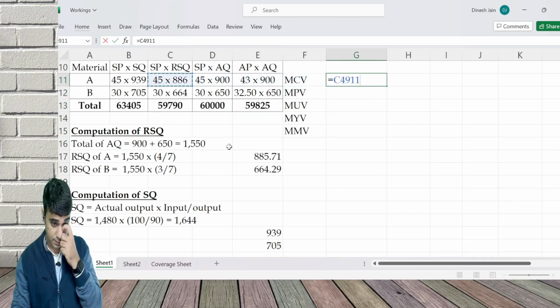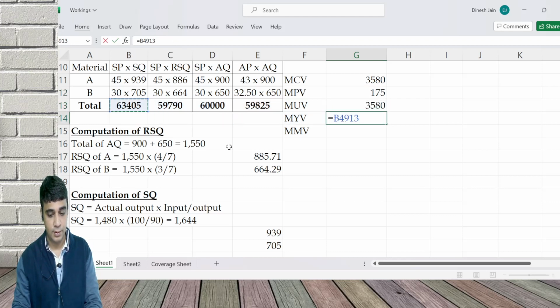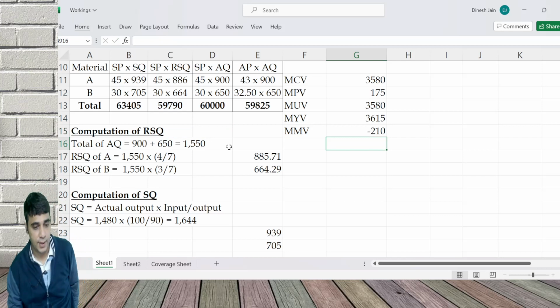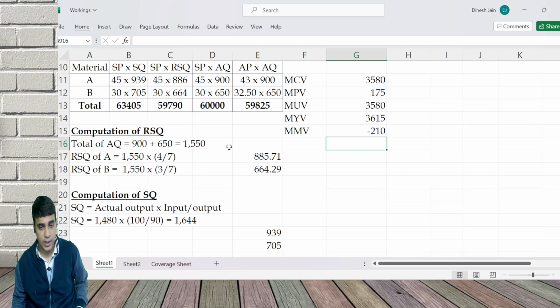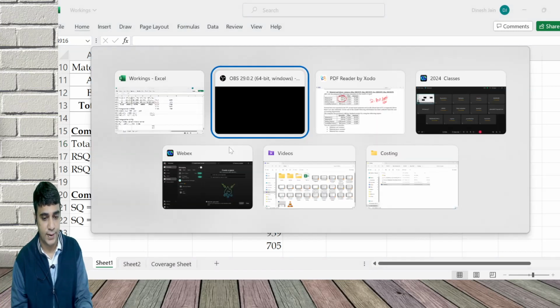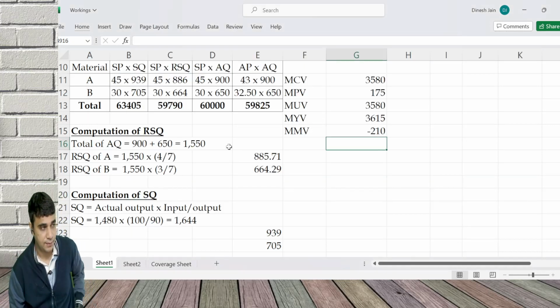Material cost, mix alone is negative, everything else is positive. Mix alone is an adverse variance, everything else is a positive variance. You need any explanation, let me know. I'll spend more time on labor variances. There's a lot to explain in labor variances.